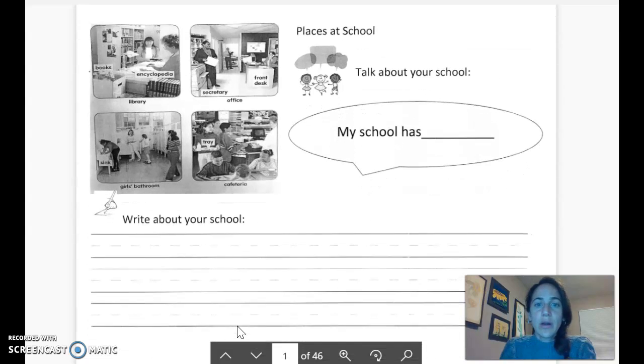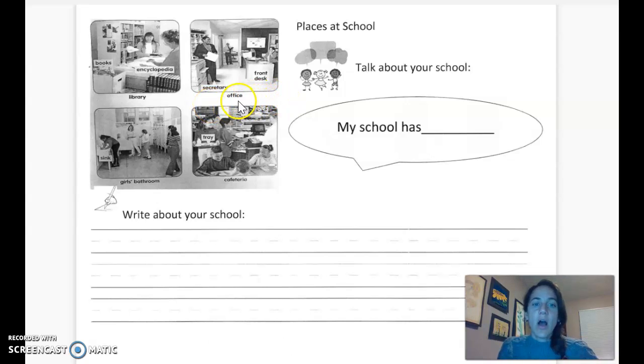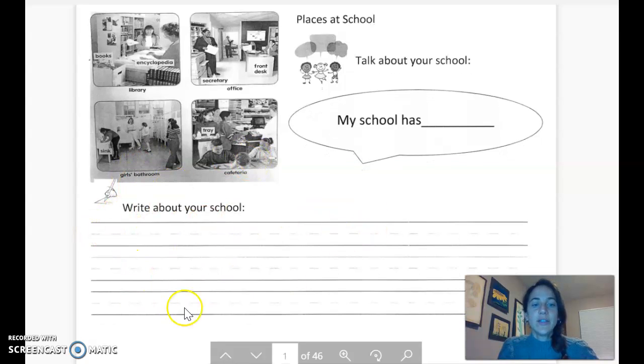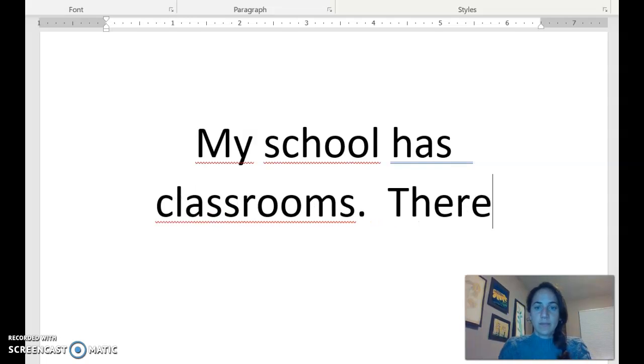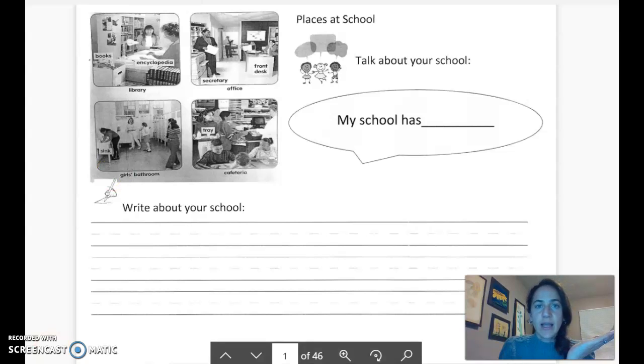Now we're going to do more. We're talking about places in the school. We just talked about the cafeteria. Remember, there's the library. In our book, we saw the art room. This has the office and the bathroom. Let's do another room. Oh, let's do our classroom again. Write about your school. We said, my school has classrooms. What do we have in our classrooms?